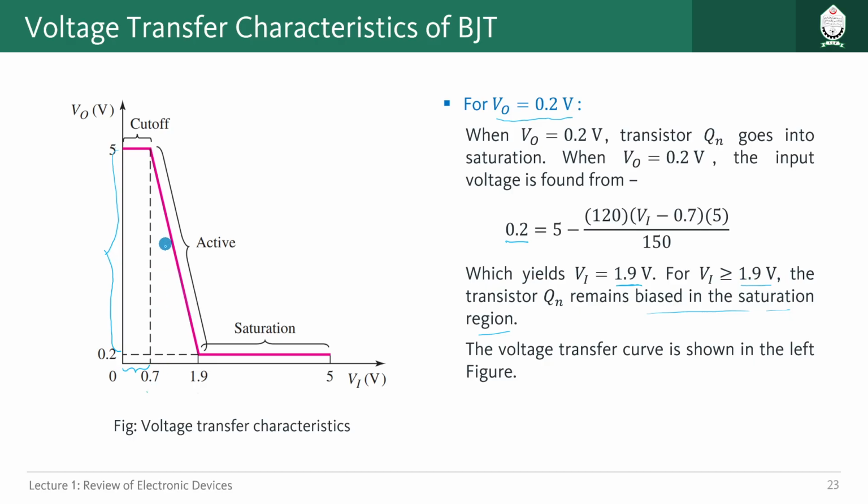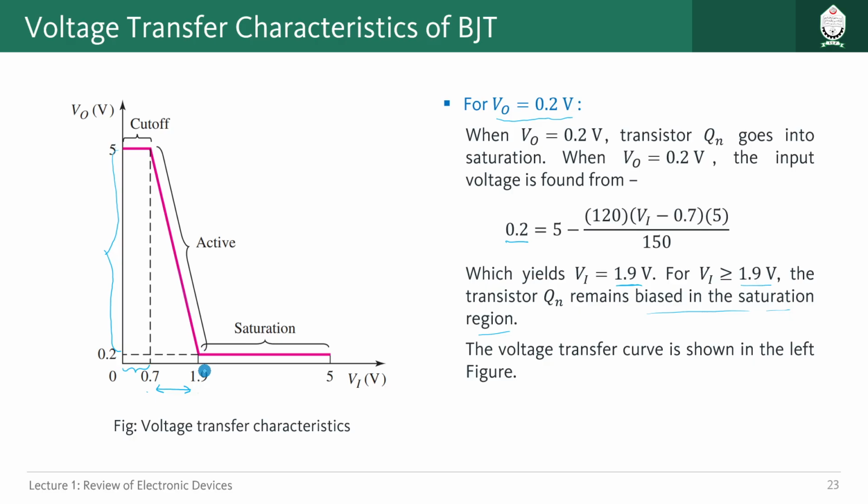So in this portion you see, as you increase the value of Vi or change the value of Vi, proportionally the value of V0 will change based on the slope. So V0 will get amplified based on the slope of this active region, right?